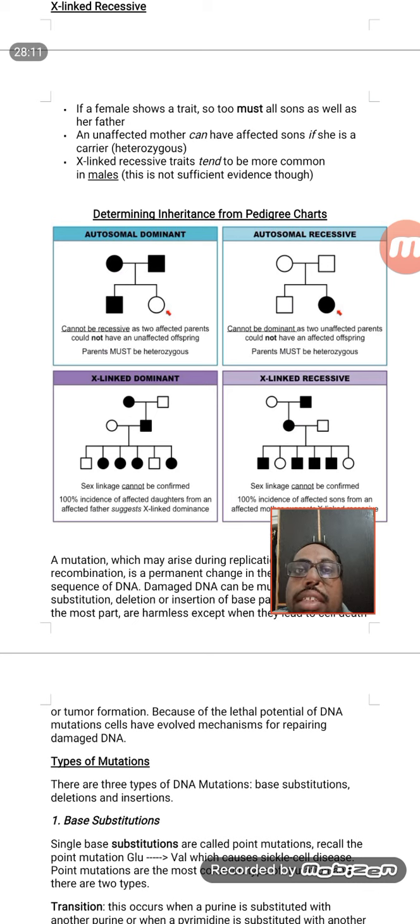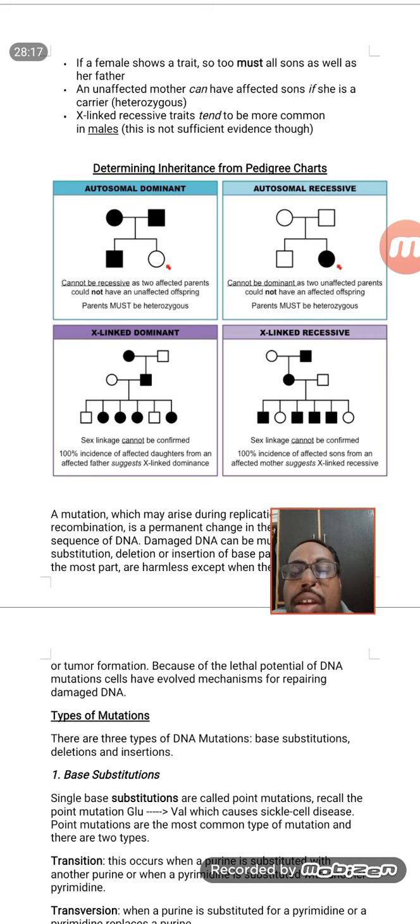An X-linked recessive trait tends to be more common in males. Recessiveness will be very common in males because for the recessive trait to show, only one gene is required. In males, if the one X chromosome is diseased, the male child will compulsorily have the disease. So if they want to show it in females, then both the X chromosomes should carry it.